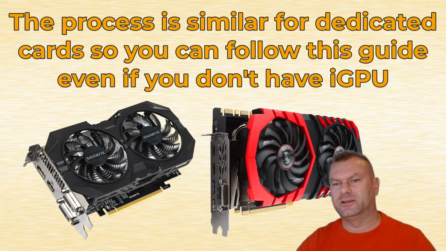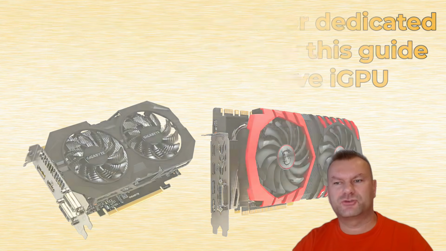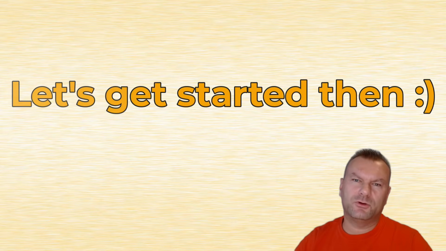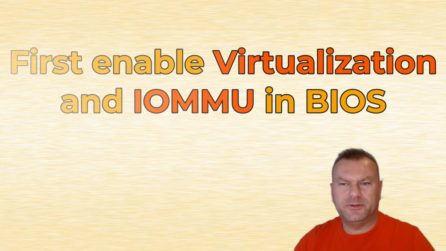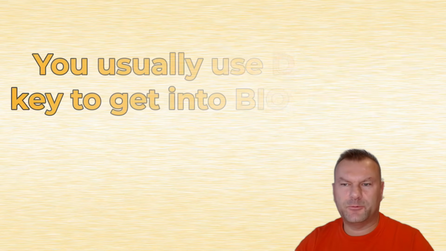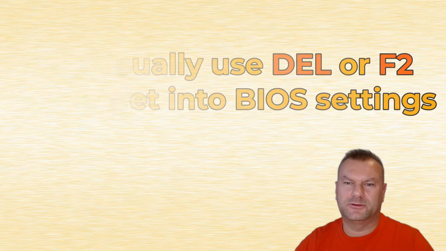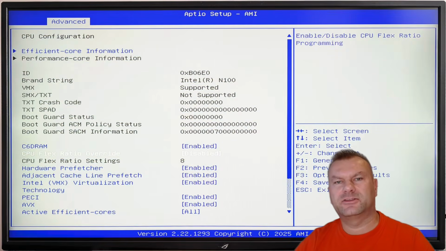Before we do anything, we need to check our BIOS settings and see if virtualization and so-called IOMMU is enabled at all. And I can get to my BIOS by simply powering on the device and then keep pressing the delete button on my keyboard. And the two options I need are the VT-x.